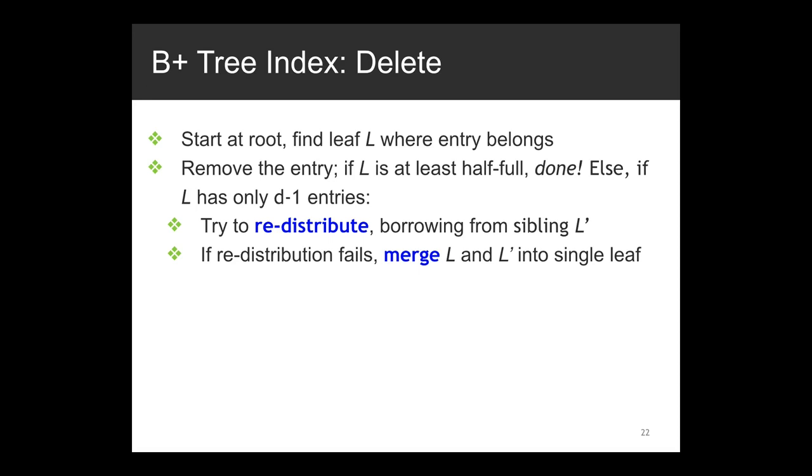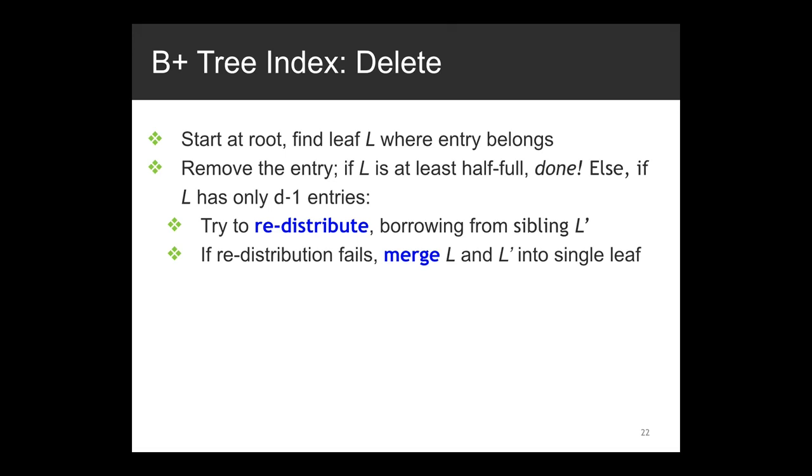For insertion, at the leaf level, we try not to do redistribution across leaves because you want to make sure that you don't do extra IOs. Whereas for deletion, the first thing you want to try is redistribution across siblings. You look at your left sibling and your right sibling, and try to figure out if you can borrow keys from them, and that will ensure that you have at least half full.